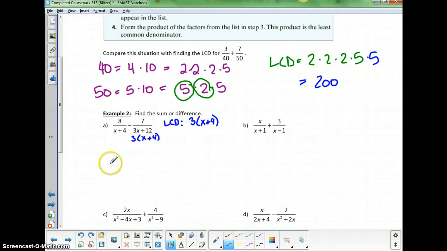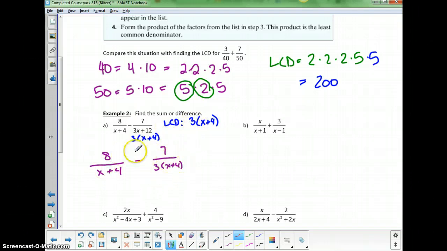So what I need to do next is to write each fraction with that common denominator. So I'm going to start by writing each fraction down. So 8 over x plus 4 minus 7 over 3 times x plus 4. Alright, now I need to look at my common denominator and see what I'm missing. This one right here is all set.